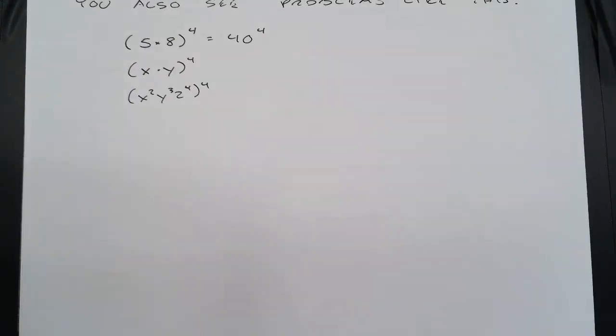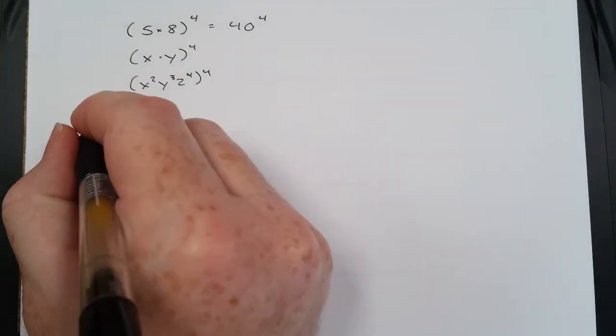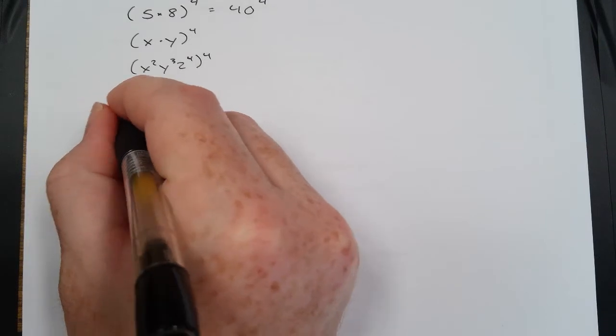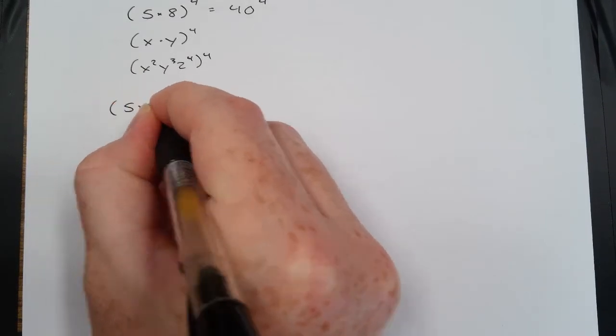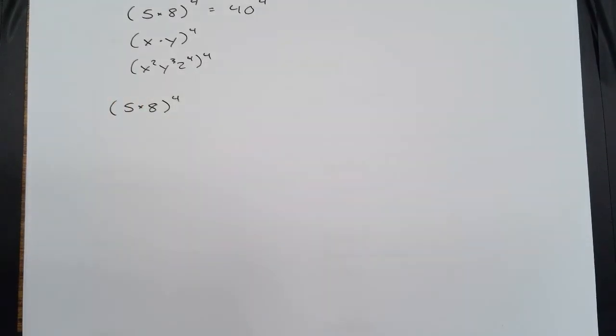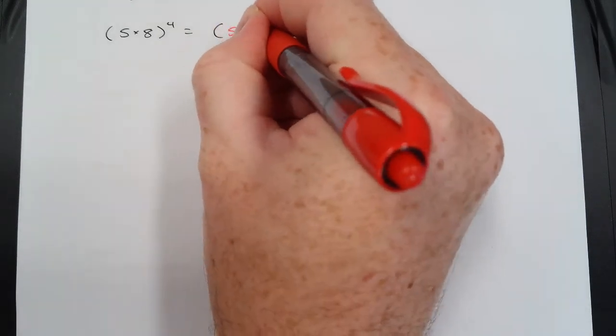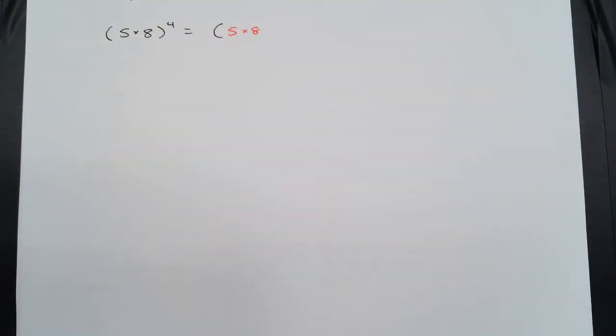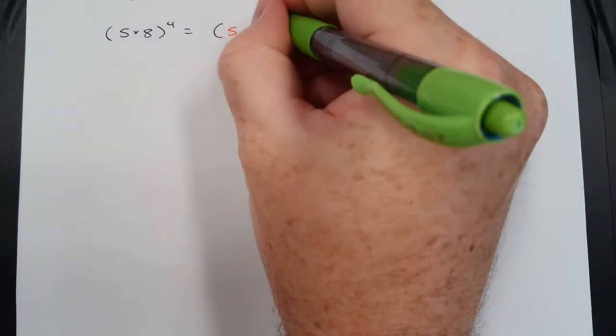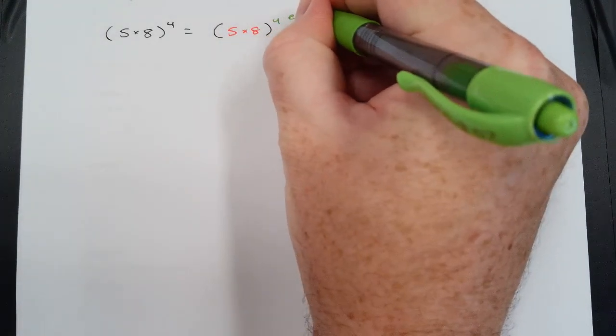So let's start over with 5 times 8 raised to the 4th power. Now remember, a base is still a base no matter what it looks like. So in this, the base is actually 5 times 8. And the exponent is 4. That's the exponent.